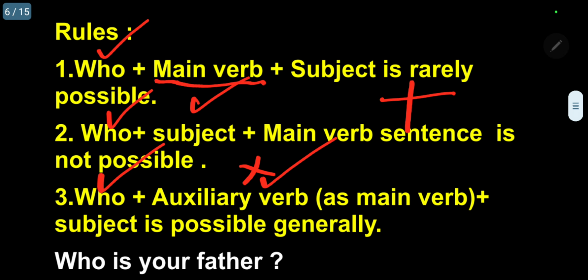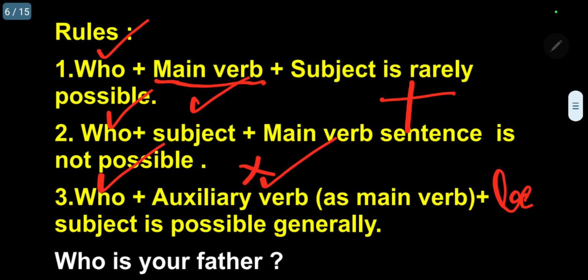But let me give a short introduction. There are 5 types of auxiliary verb. One is the be verb. Be means am, is, are in present tense, was, were in past tense. These 5 we call be verbs.